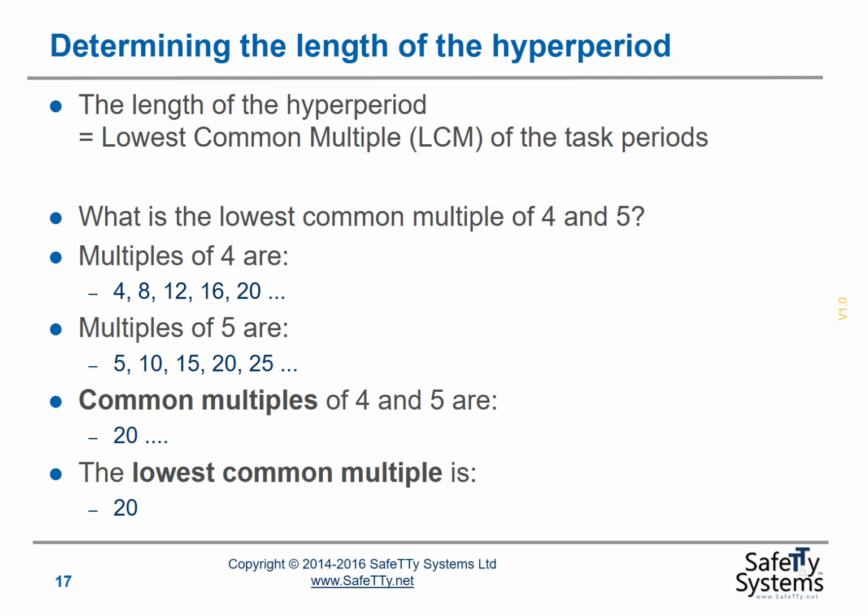The multiples of 4 are 4, 8, 12, 16, 20, etc. The multiples of 5 are 5, 10, 15, 20, 25, etc. The common multiples of 4 and 5 are 20, and so on. The lowest common multiple is 20. So if our task periods were 4 milliseconds and 5 milliseconds, the length of our hyperperiod would be 20 milliseconds.